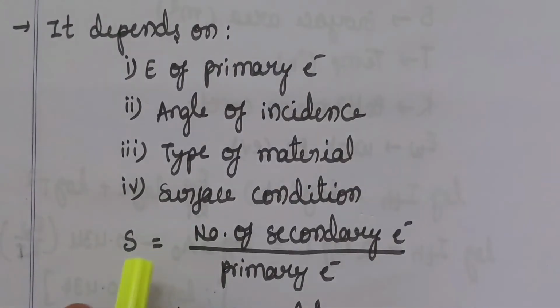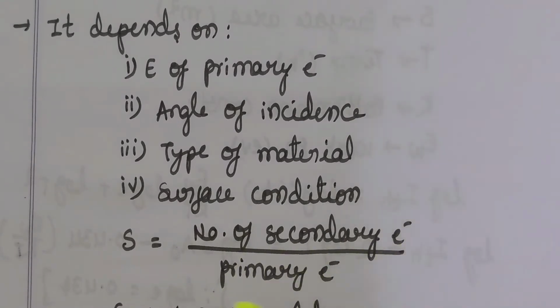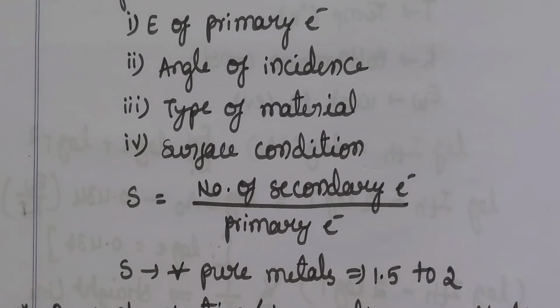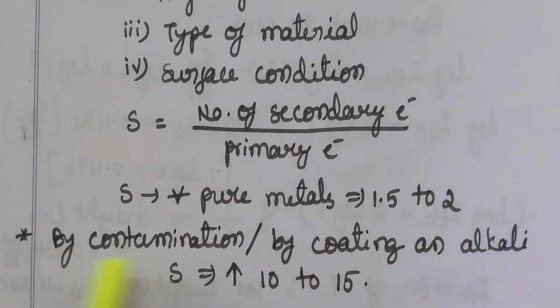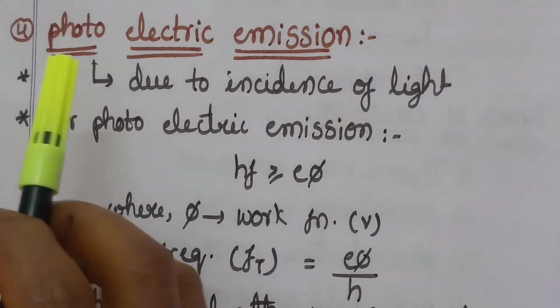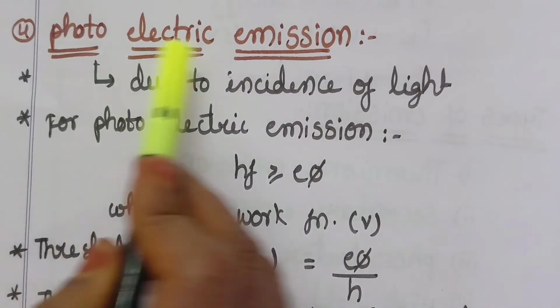The yield, or the secondary emission ratio, which is equal to the number of secondary electrons to primary electrons, is very small for pure metals, from 1.5 to 2. By contamination or by coating an alkali on the surface of the metal, this ratio can be improved to 10 to 15. And the fourth and last one is photoelectric emission.